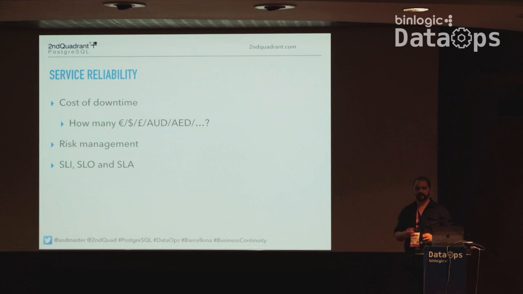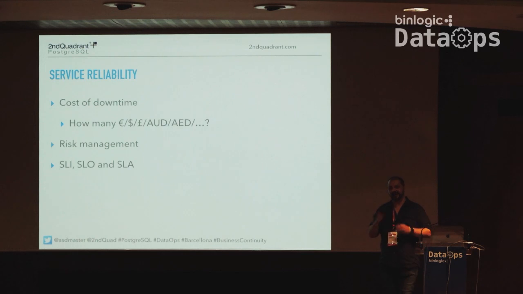And you have to consider 3 factors that are SLIs, SLOs, and SLAs. In the specific, SLIs are metrics that you decide, because they are indicators of your service, okay? Service level indicators. Service level objectives, SLOs, okay, are basically your ability to achieve something, okay, that is related obviously to your SLIs.